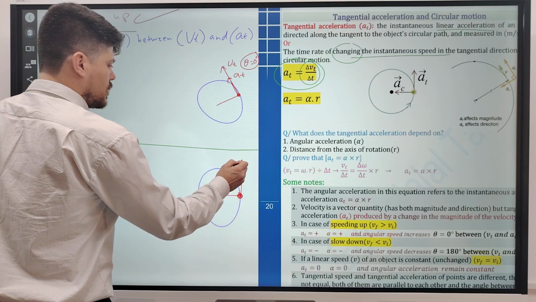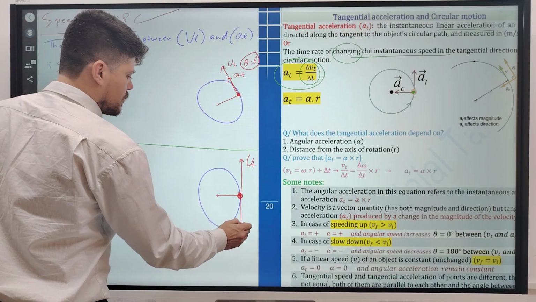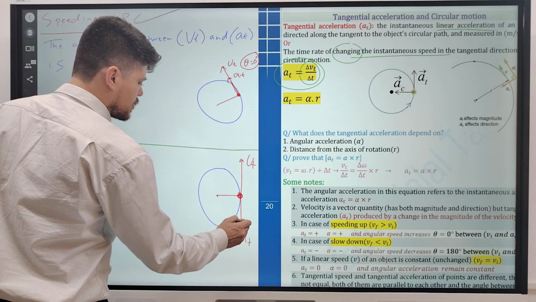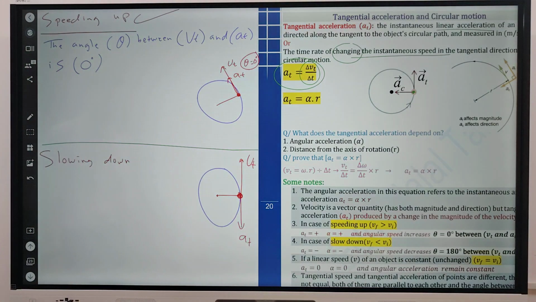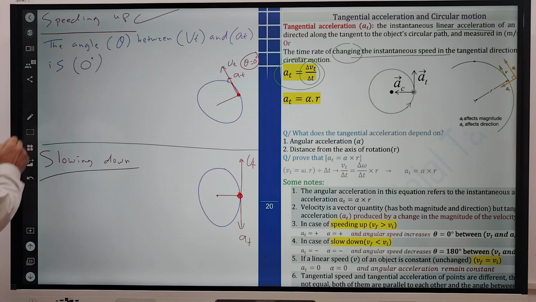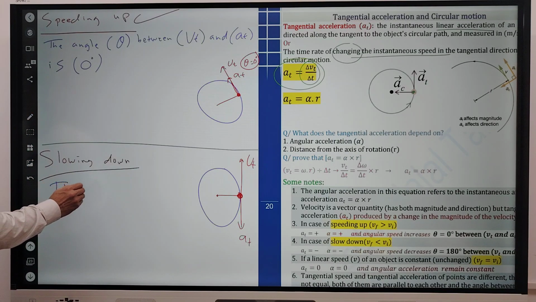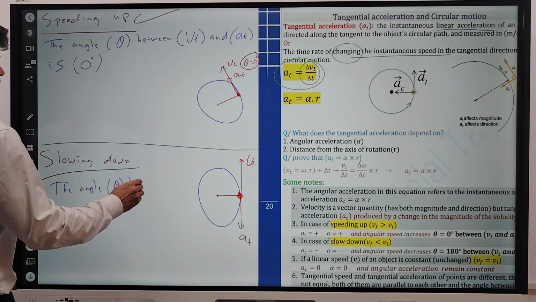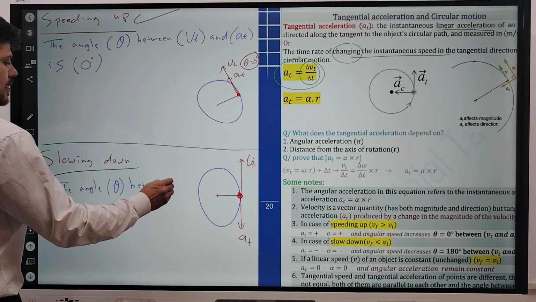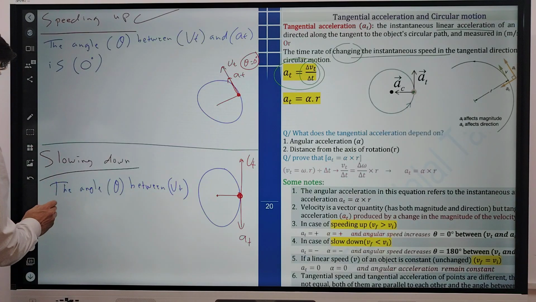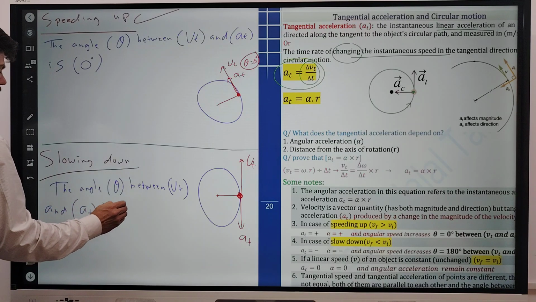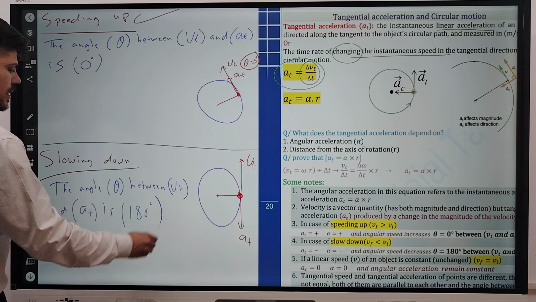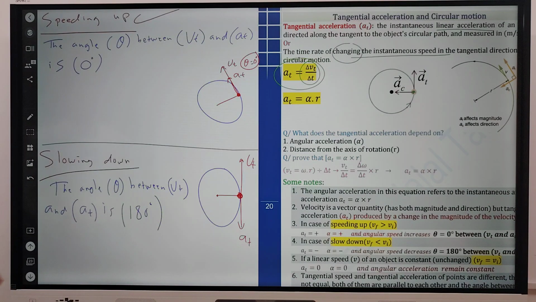But in the case of slowing down the object, the direction of the tangential speed is here, but the direction of the tangential acceleration is in the opposite direction. Okay, so in the case of slowing down, the angle theta between Vt and At is 180 degrees.